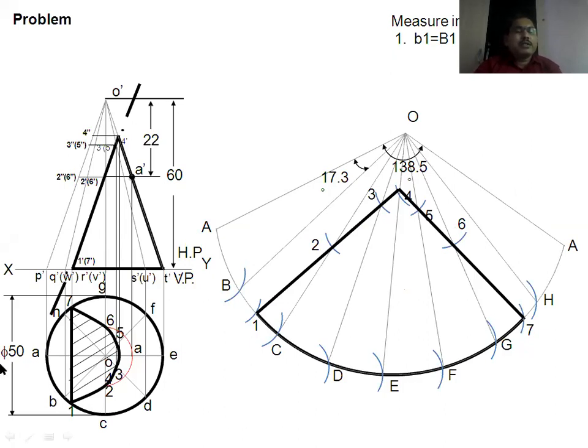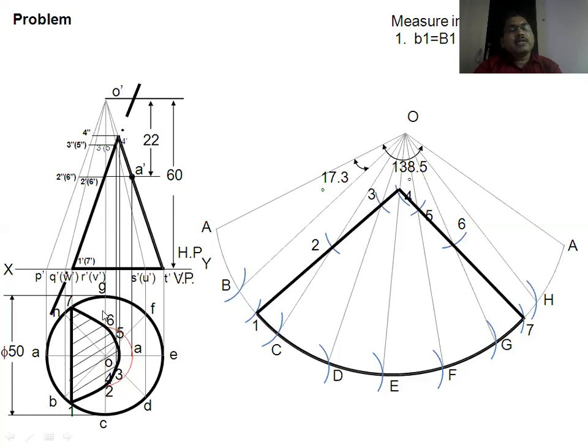So base diameter 50 mm, so the circle is drawn. Then axis height 60, so a triangle of axis height 60 is drawn. Then this circle is divided into 8 parts, say A, B, C, D likewise, and the center point of this circle is named as the apex point O. Then you join OA, OB, OC, OD with a faint line.